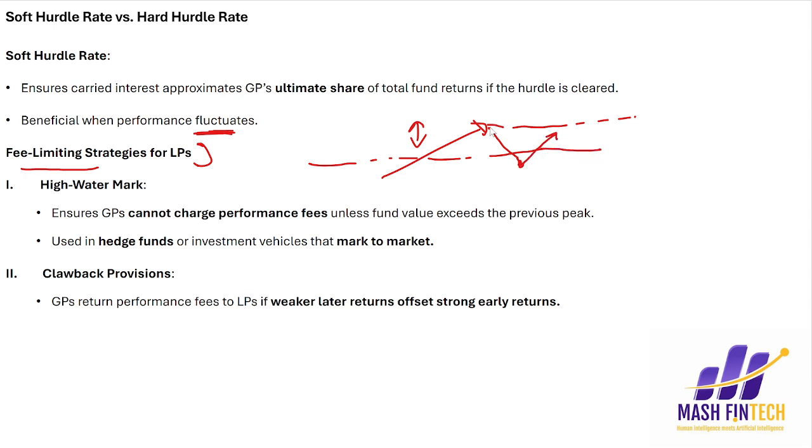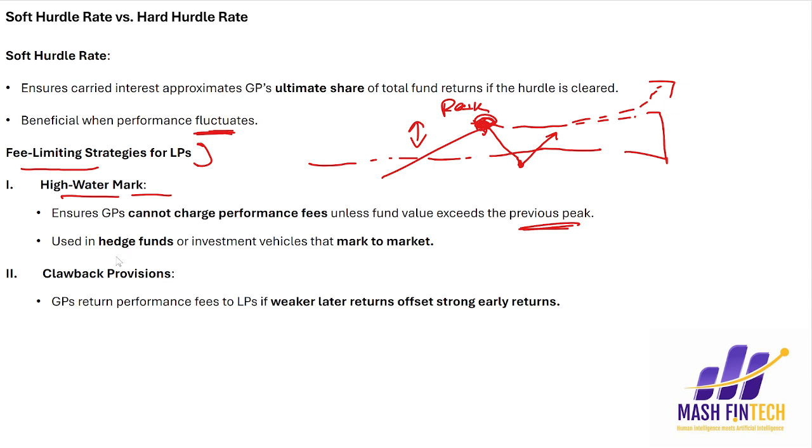As long as it has not reached its previous peak here, they cannot be paid because they will be getting paid twice. It has to exceed the previous high, which is what they refer to as the high water mark. Okay, so it has to go beyond this for them to be paid another performance fee. As long as it doesn't go beyond this, there's no payment of another performance fee. So it therefore ensures that GPs cannot charge performance fees unless it exceeds the previous peak.